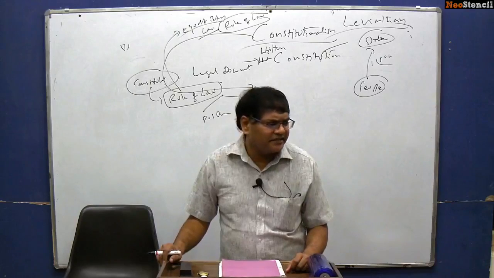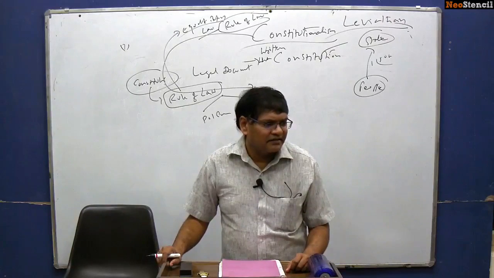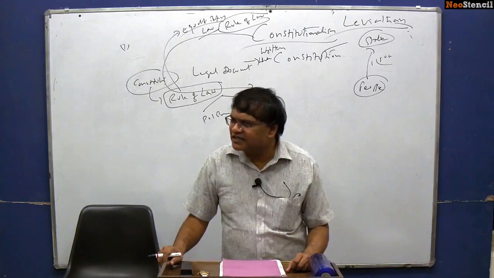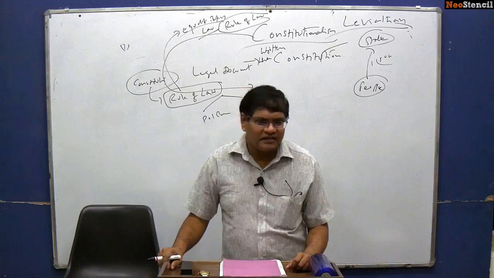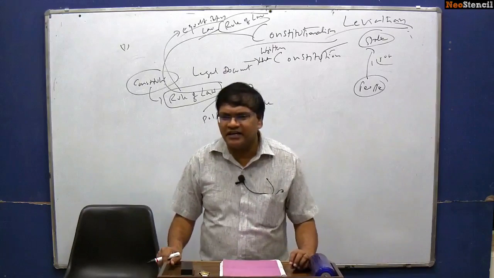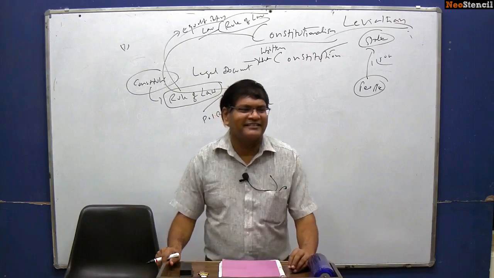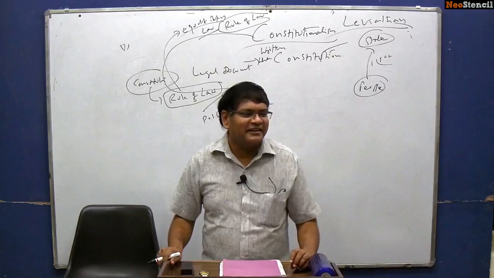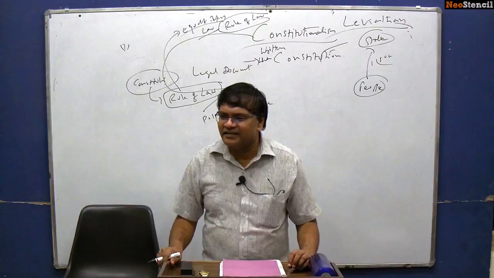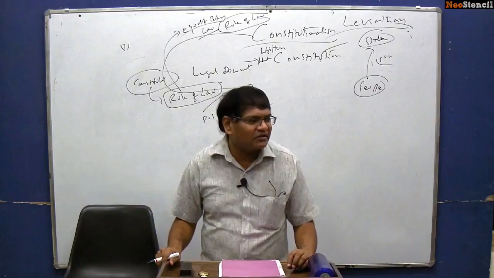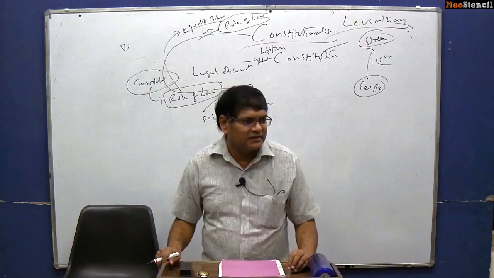The state can declare any citizen as a terrorist and can take away your freedoms. You say that Narendra Modi is good, then they will say you are a terrorist because you did not say he is great. Okay, so that is where the problem is. That is where we talk about constitutionalism.